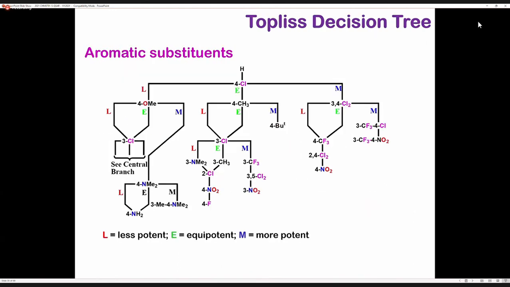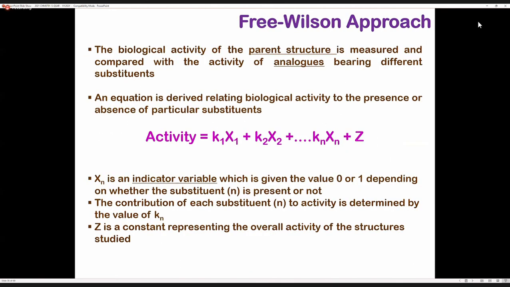Oh sorry, yang ini bukan binary. Sorry, decision tree. Yang ini binary. Free-Wilson, yes. Free-Wilson ni binary, whether the substituent ada atau tak ada. Saya silap tadi. Okay. So an equation is derived basically guna Excel lah yang ni. Yang ni paling short boleh guna Excel lah, right?